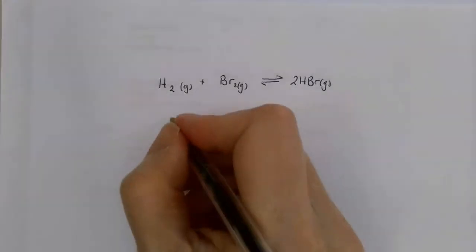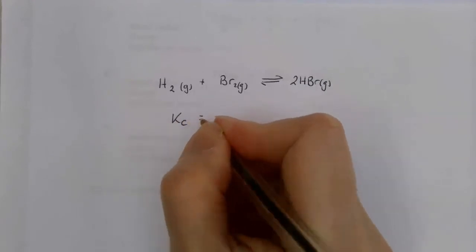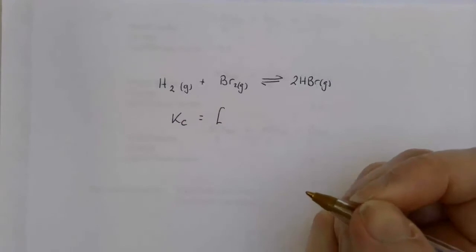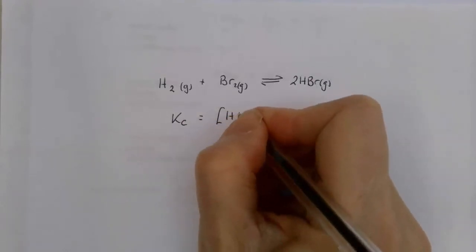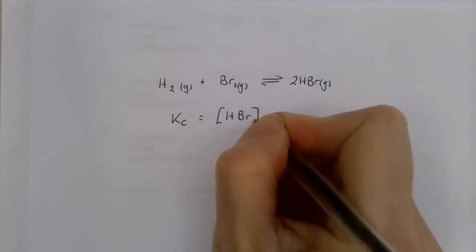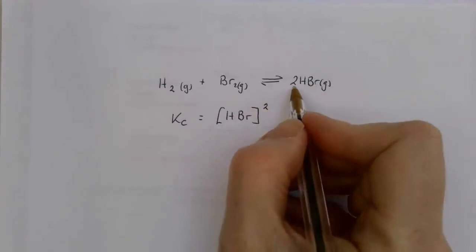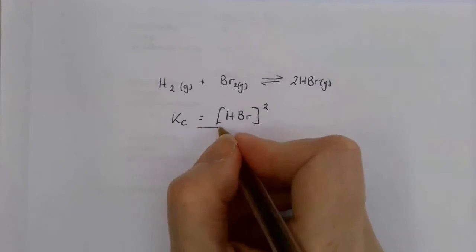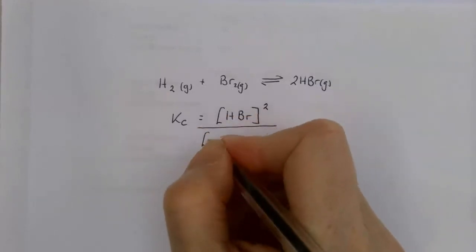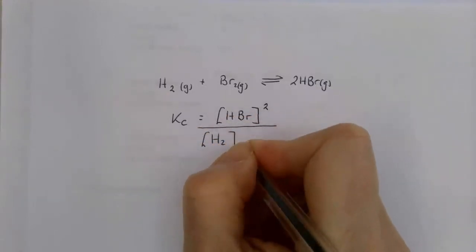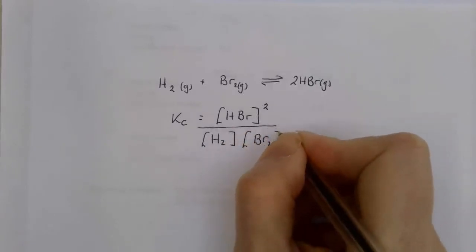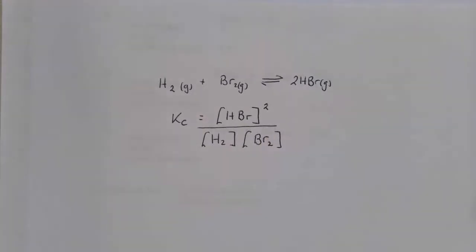I can write my Kc expression for this, and it is equal to the concentration, and I'm going to use square brackets because that's what stands for concentration, of hydrogen bromide, and that's going to be squared because I've got 2 there in my balanced stoichiometric equation, divided by the concentration of hydrogen times the concentration of bromine. Those are both raised to the power 1, but we don't generally include those.